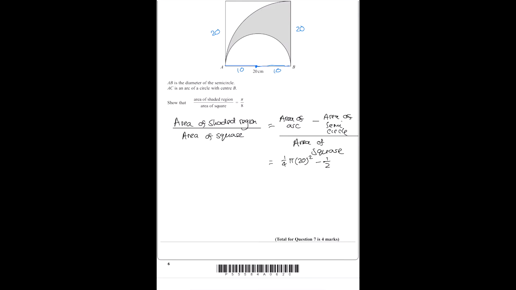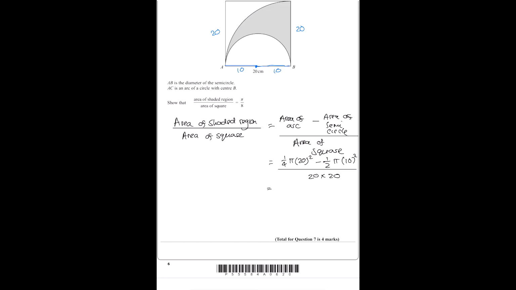So we'll write 20 squared times pi times a quarter minus 1/2 of the area of the circle with radius 10, 10 squared, like this, all over the area of the square, which is 20 times 20.